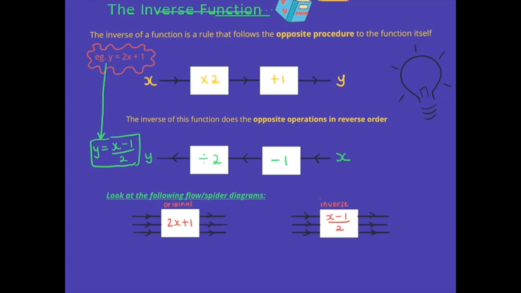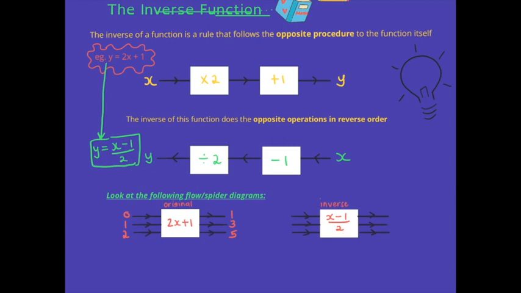If I choose 3 x values, 0, 1, and 2: subbing 0 into x, 2 times 0 plus 1 is just 1. Subbing 1 into x, I have 3 as an output. If I sub 2 into x, I have 5 as an output.